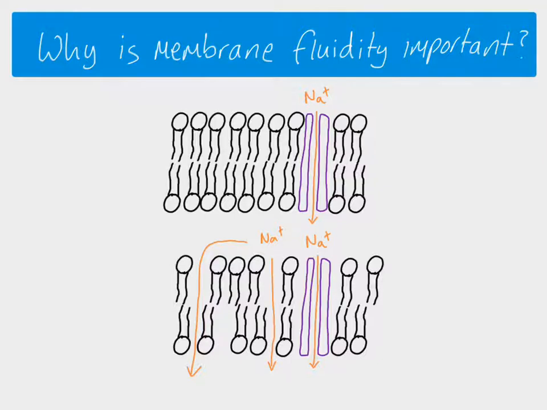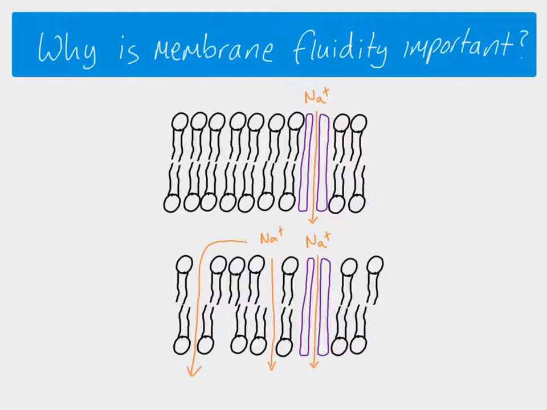So membrane fluidity is important because if the membrane is too fluid, the membrane is too permeable and the cell doesn't control the substances that go through. But equally, you don't want it to be too rigid. If the cell membrane is too rigid, then the proteins themselves can't move around, and sometimes some of those proteins need to move from one place to another where they might be needed.